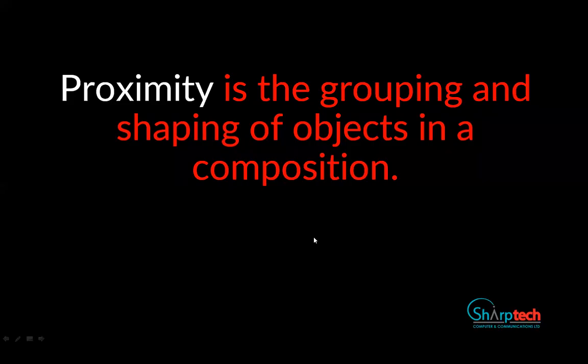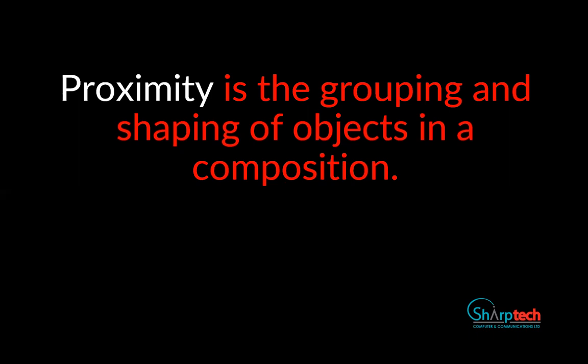Yeah, right away, proximity in simple terms, what is it? It is the grouping and shaping of objects in a composition. So when we talk about proximity, of course, it means we are basically talking about grouping and shaping objects in a composition.